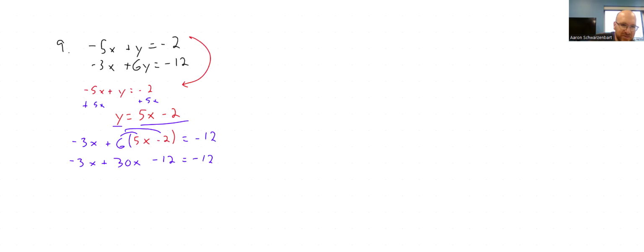Okay, I will add 12 to both sides. And combine these two, I get 27x equals 0. That's perfectly valid. I can divide by 27 and get x equals 0.